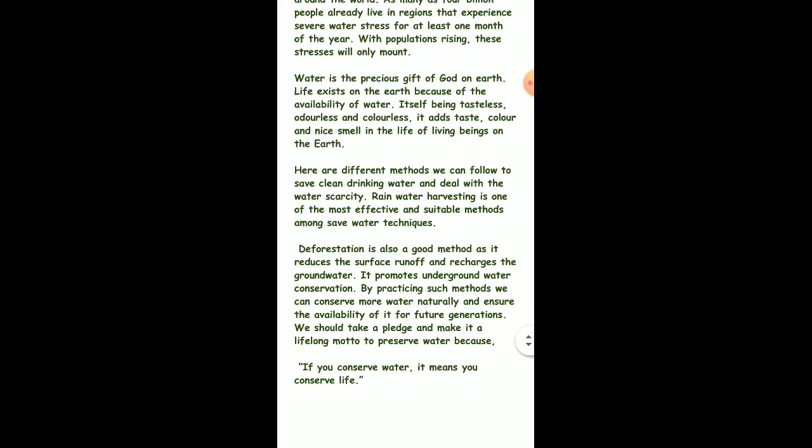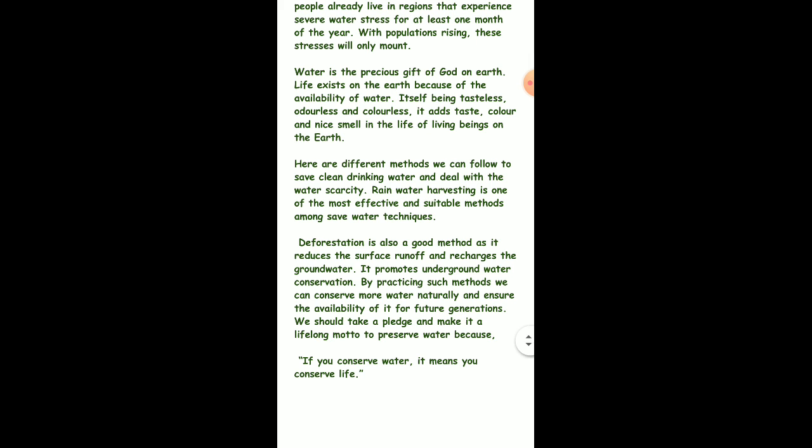Then you can give some suggestions as to how this problem of water shortage can be dealt with. Okay, so here are some different methods we can follow to save clean drinking water, like rainwater harvesting, preventing deforestation, and all. These are some solutions to the problem we are dealing with in this article, and accordingly it becomes your concluding paragraph also.